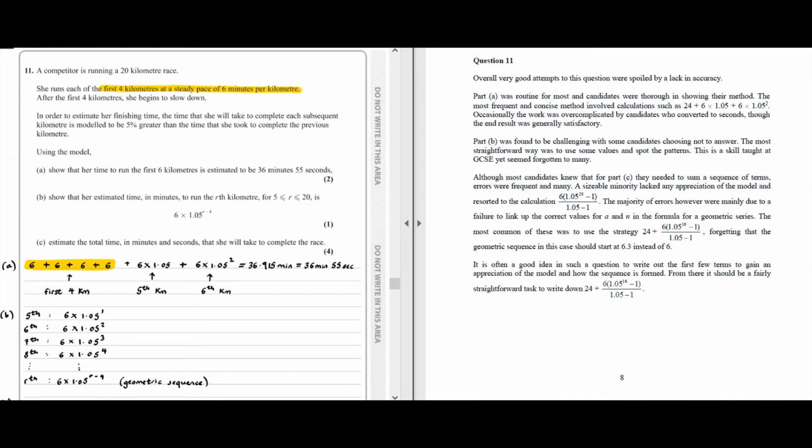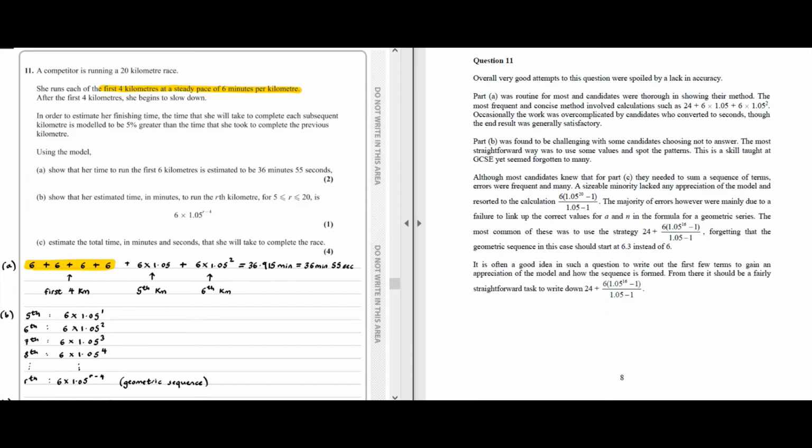A sizable minority lacked any appreciation of the model and resorted to the calculation shown here, 6 times by 1.05 to the power of 20 minus 1 over 1.05 minus 20. The majority of errors, however, were mainly due to a failure to link up correct values for a and n in the formulas for a geometric series.